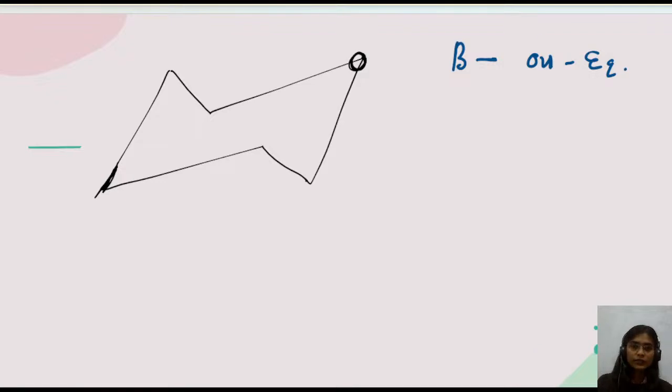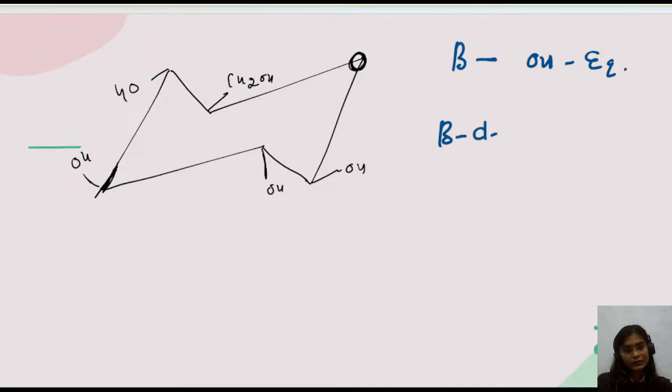So for example, that OH equatorial, and in this case, OH equatorial, OH equatorial, OH equatorial, OH equatorial. So this is beta D glucose, okay. I'm sorry, CH2OH. So this is simple beta D glucose, capital D, right?